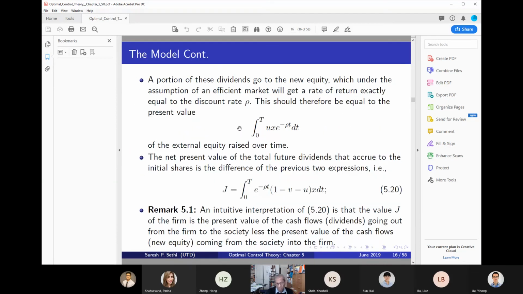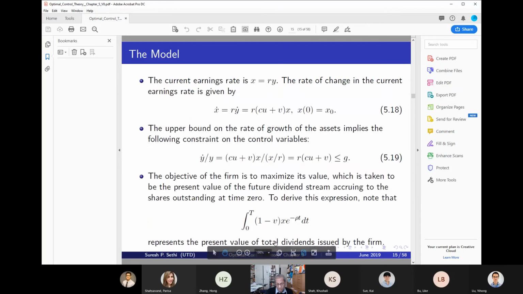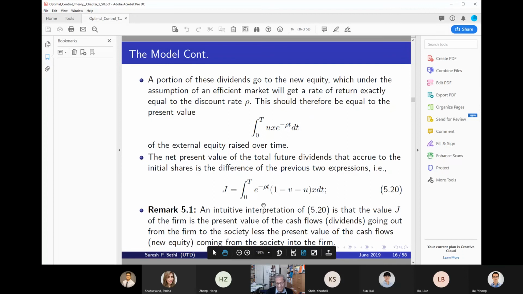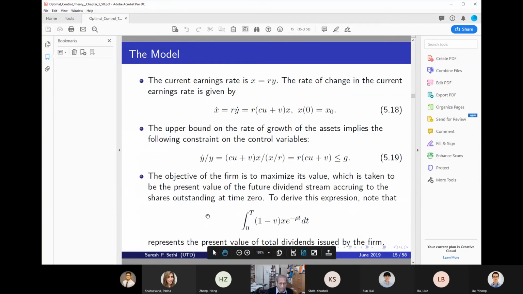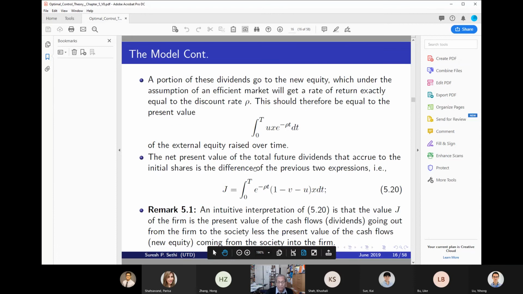So here's a trick. By the way, Krauss and Lee made a mistake in deriving this formula, and I'll talk about this a little bit later. So what happens is this. In an efficient market, the dividends go to the new equity, but they're not going to get any more than rho. Because there's no reason for the original stockholders to give them any more than what they want.